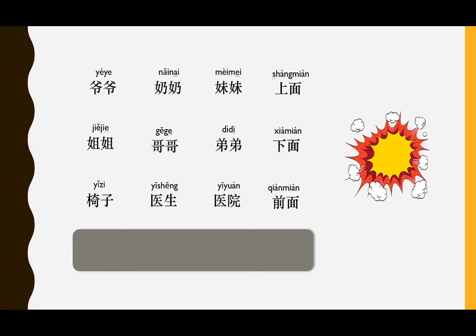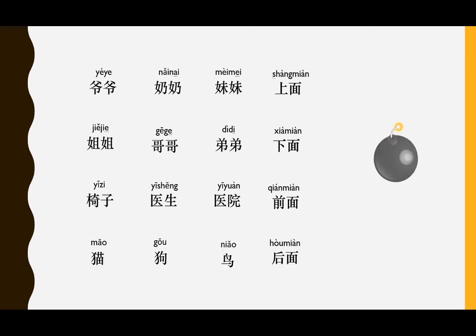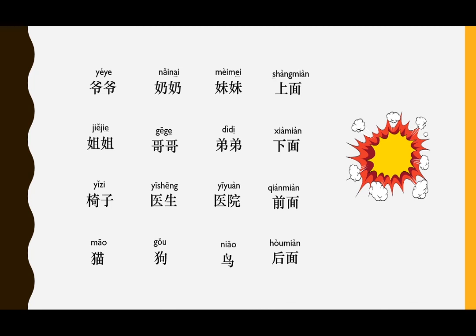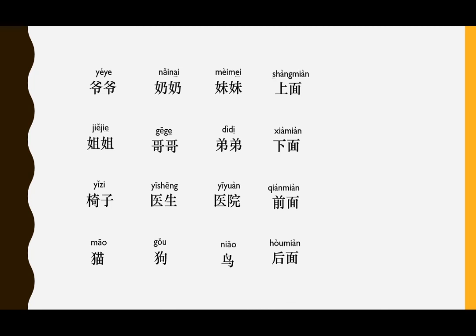Okay, and the last one. Okay, please read after me. 椅子, 医生, 医院, 前面, 猫, 狗, 鸟, 后面. Okay, if you failed, you can go back to the beginning and do it again.